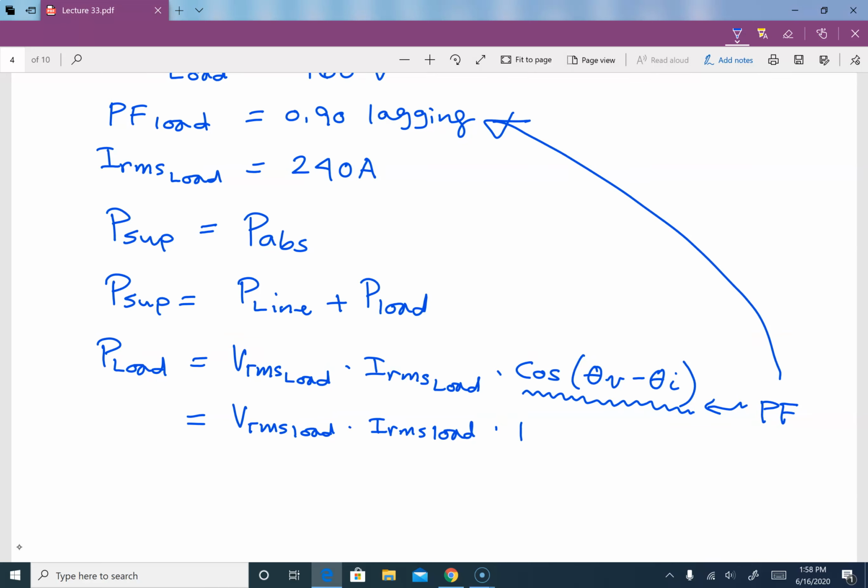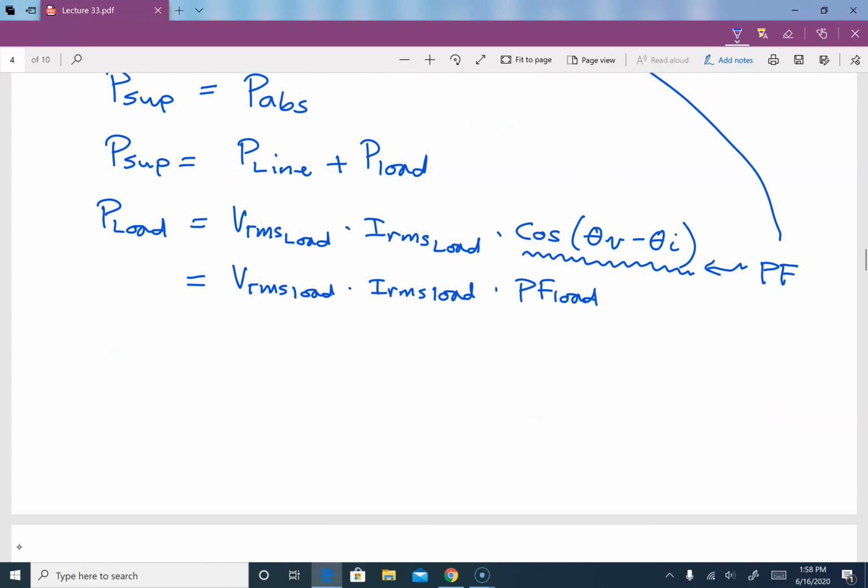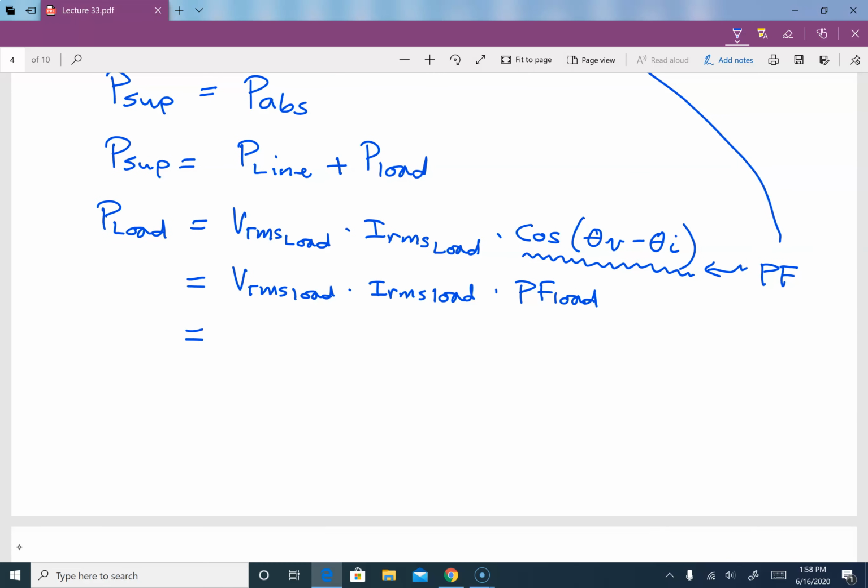So that is the power factor of the load. We just substitute VRMS load, that is 460, IRMS load, that is 240, and the power factor is 0.9, and that is equal to 99,360 watts.